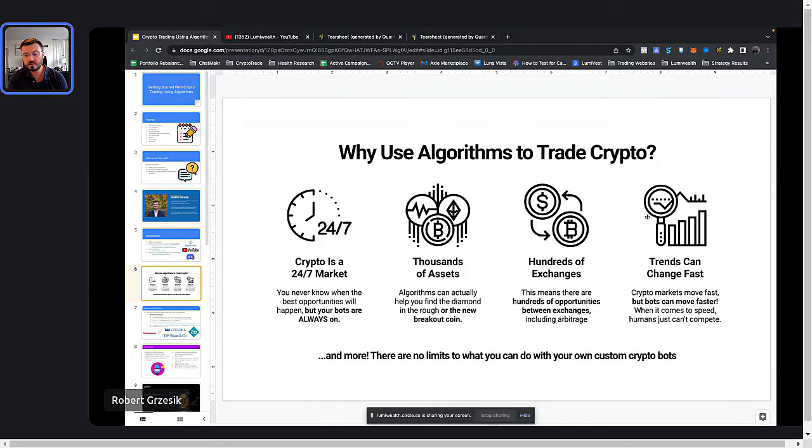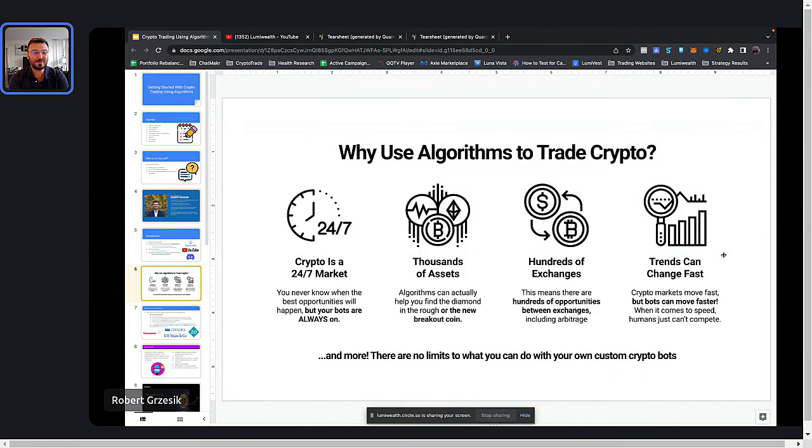Also, trends can change very fast. If you guys are in the crypto market, you know this firsthand. It's not like stocks. A 10% down day in stocks is one of the worst days on record. We saw a lot of those in 2020 for stocks. 10% down on crypto is not that crazy at all.